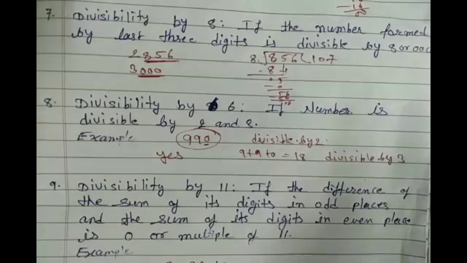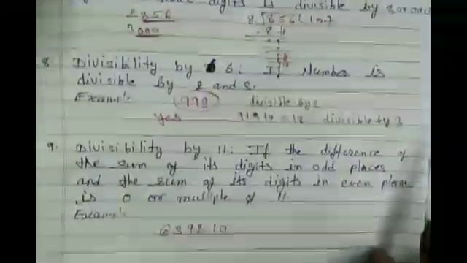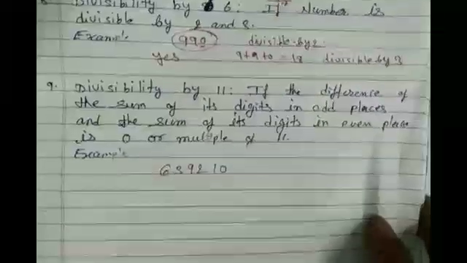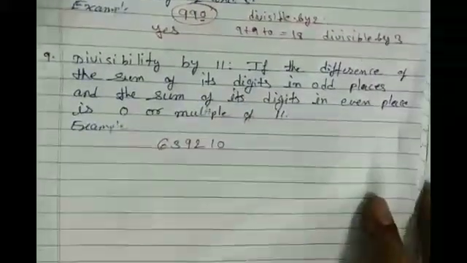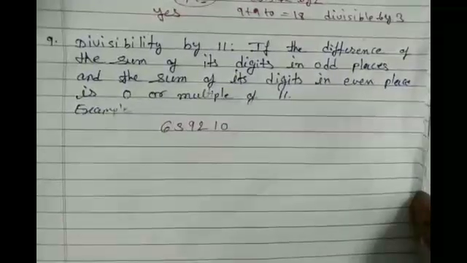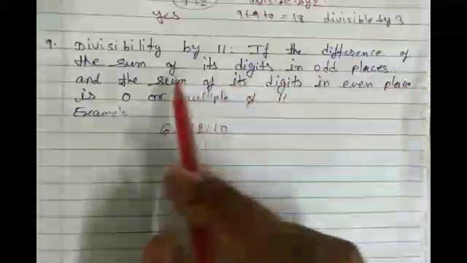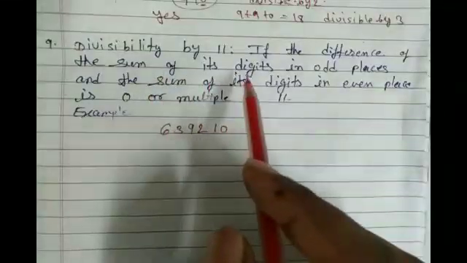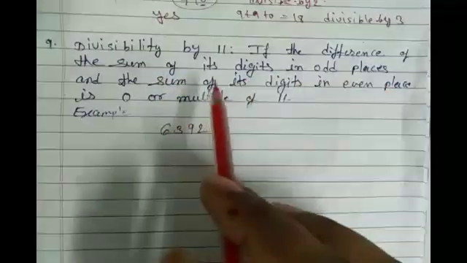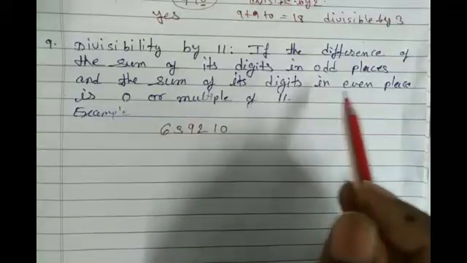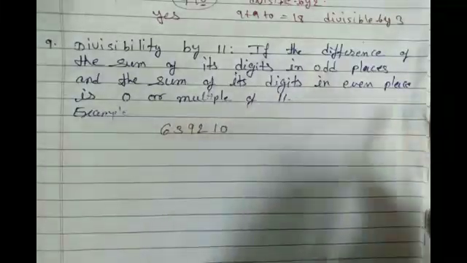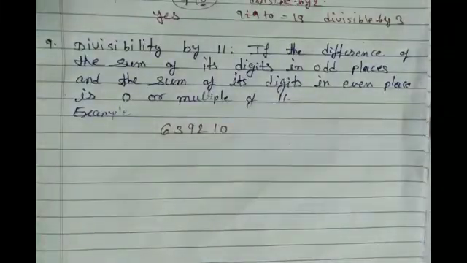Now, the last part of our video, divisibility by 11. If the difference of the sum of the digits in the odd places and the sum of the digits in the even places is 0 or a multiple of 11, then the number is divisible by 11. What does it mean?